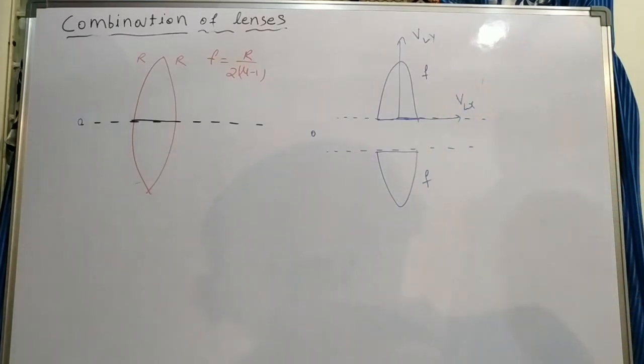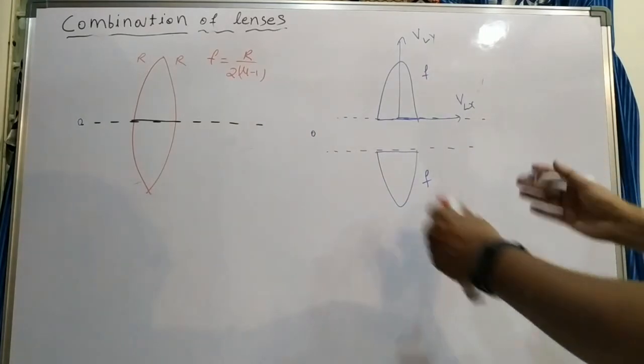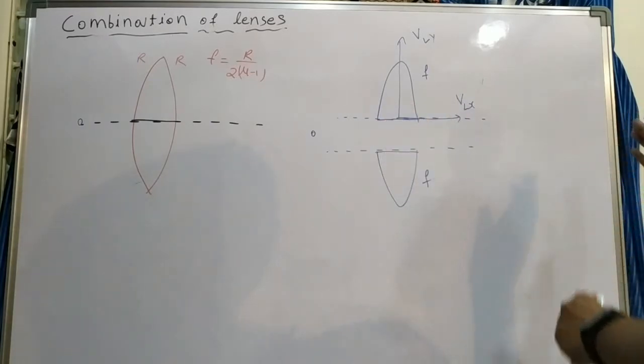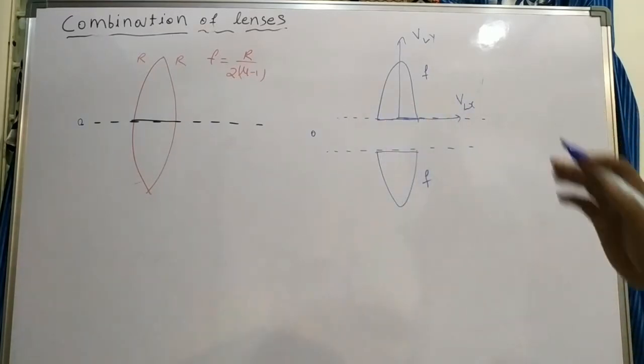Then how is the image changing? Either the object is moving or the lens is moving, the distance between object and lens is changing. So due to that, definitely the velocity of the image also changes.